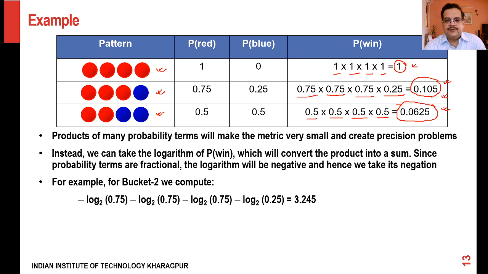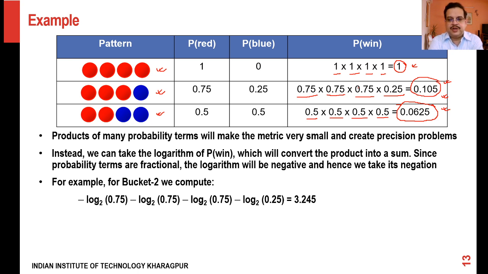For example, for bucket 2, instead of using 0.75 into 0.75 into 0.75 into 0.25, we now take the log of that, and the log will therefore be minus of log 0.75, minus of log 0.75, minus of log 0.75, and then minus of log 0.25. That comes out to 3.25.